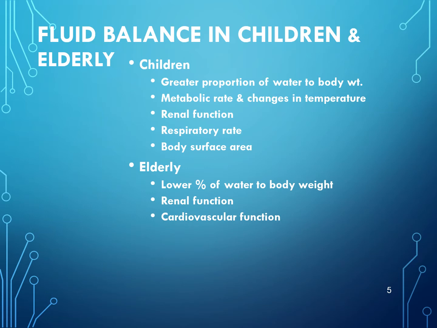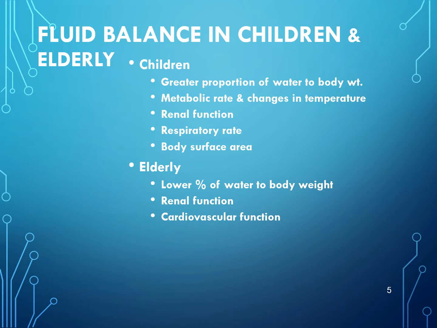Then we have renal function. So renal function declines with age, so we have decreased renal reserve. They're not necessarily able to concentrate urine as well. They're not able to filter things out as well. It can cause more problems. Then we have cardiovascular function, so decreased cardiac reserve, and they're unable to handle even small changes in their fluid volume.